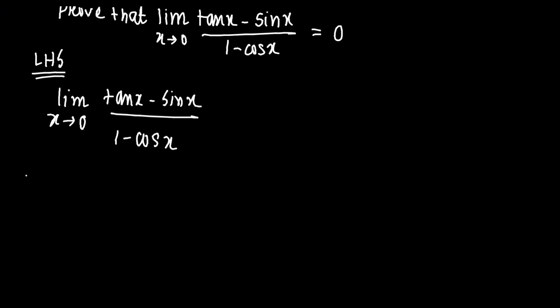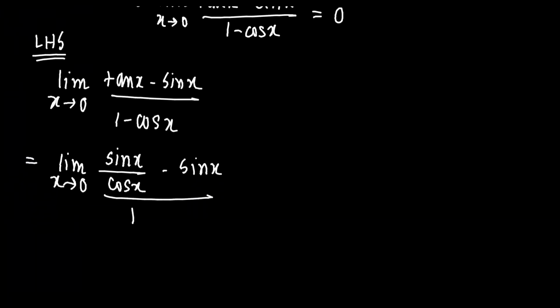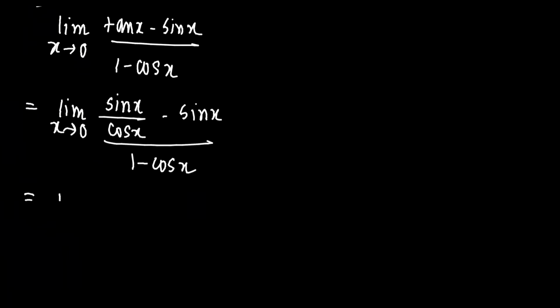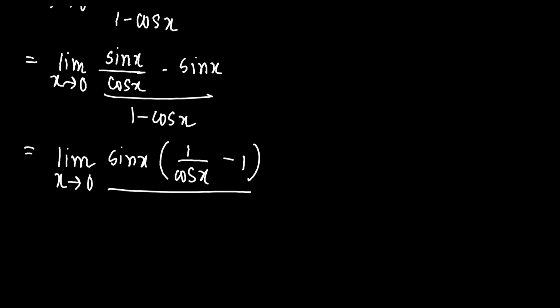Now tan x can be written as sin x by cos x minus sin x, by 1 minus cos x. Now in the numerator, if we take sin x common, it is 1 by cos x minus 1, by 1 minus cos x.